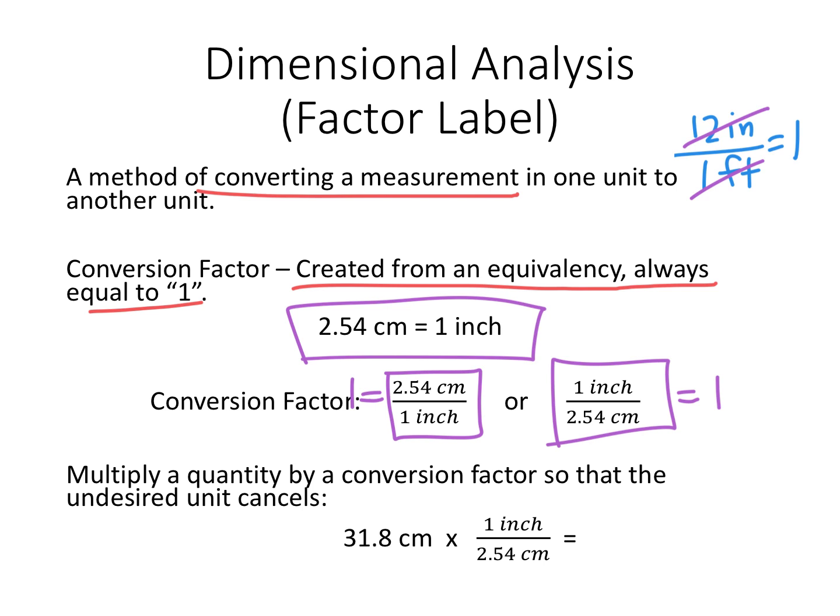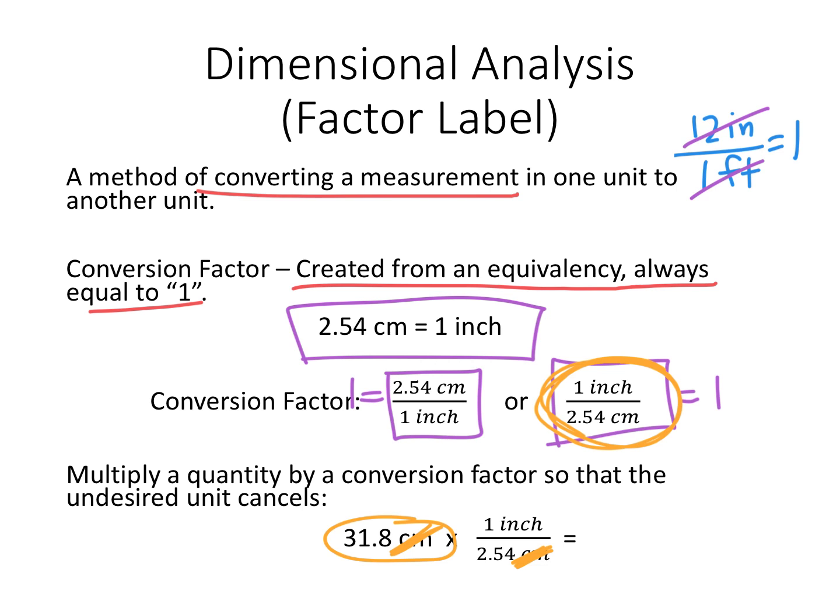So when we're doing dimensional analysis or factor label, we multiply a quantity by a conversion factor so the undesired unit cancels. So we take 31.8 centimeters and we want to turn it into inches. So we're going to use the conversion factor with inches on top and centimeters on bottom. That way the centimeter will cancel with the centimeter, 1 in the numerator and 1 in the denominator.